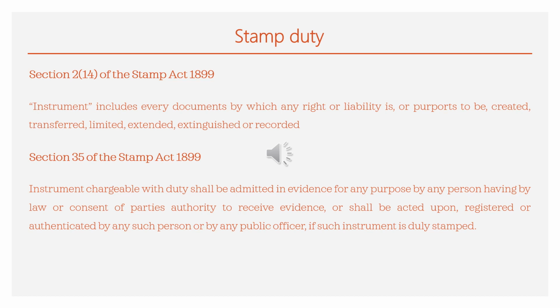An instrument not duly stamped is not invalid, but it is incapable of being used in evidence until it is stamped properly. Section 35 of the Stamp Act 1899 states, an instrument chargeable with duty, that is stamp duty, shall not be admitted in evidence for any purpose by any person having by law or consent of parties authority to receive evidence, or shall be acted upon, registered or authenticated by any such person or by any public officer, unless such instrument is duly stamped.